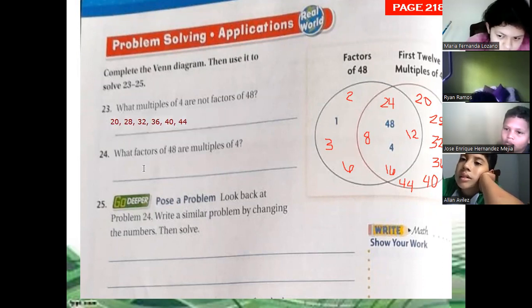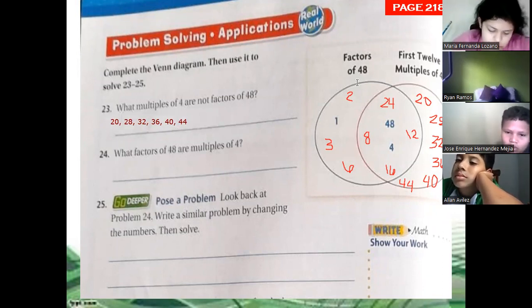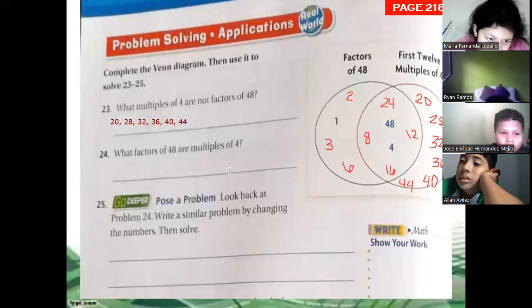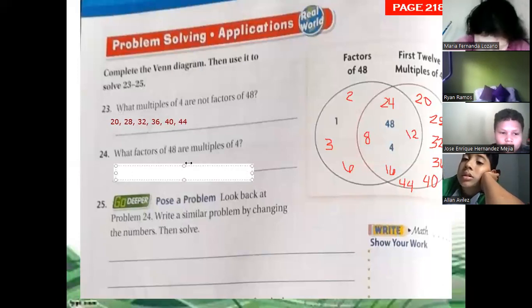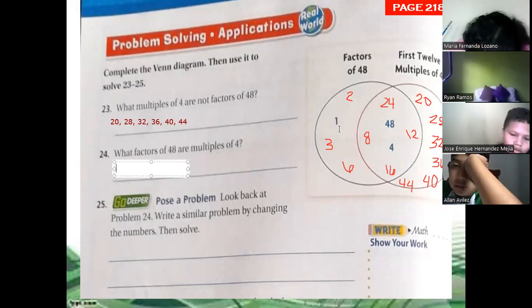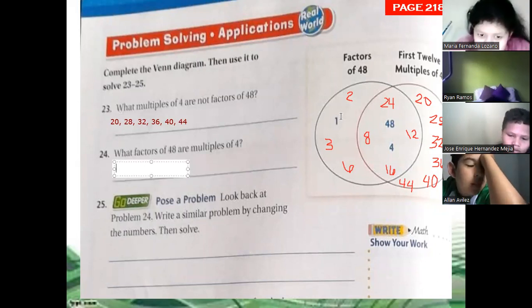Now the second question is what factors of 48 are multiples of 4? 8, 12, 16, and 24.